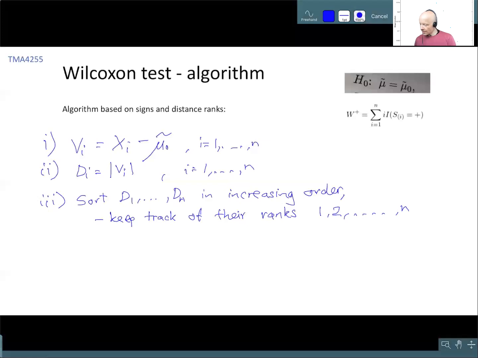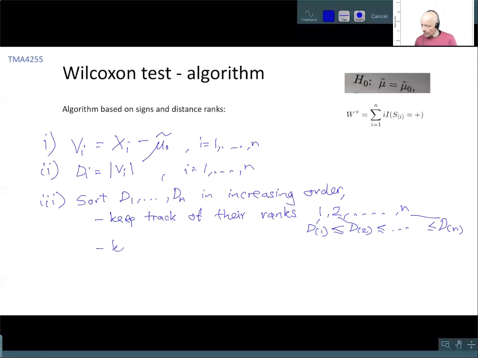So here we can say that D1 is the smaller one, and then D2, and then it continues up to the largest distance from the pre-specified median. So we sort these distances and keep track of their ranks, and then we can assign this rank 1, this rank 2, this rank n, because that's the biggest distance.